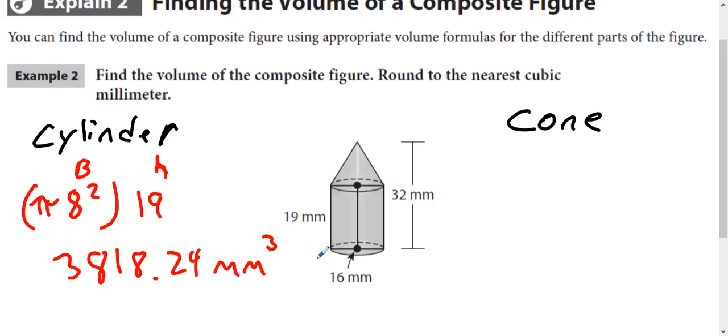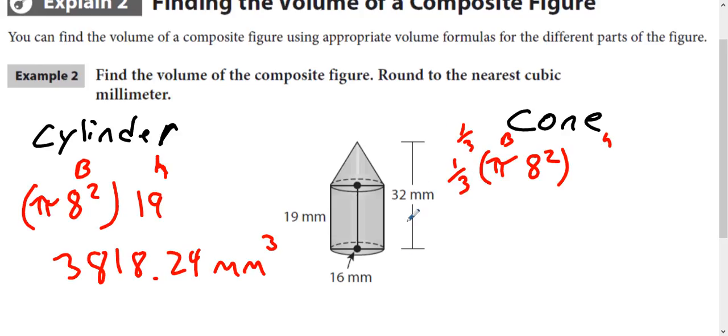Then for the cone, it's got the same radius because it fits perfectly on top right there. So the radius is still 8. So the base is pi times 8 squared, area of the base. The height, we need to calculate a little bit.